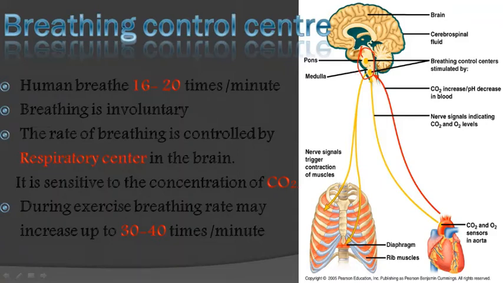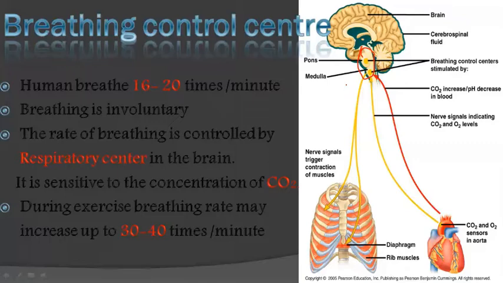Actually, this breathing center, or we can say respiratory center, is very sensitive to the concentration of carbon dioxide. So how is it sensitive to carbon dioxide? We can take an example: when we do some exercise or some hard job, what will happen?